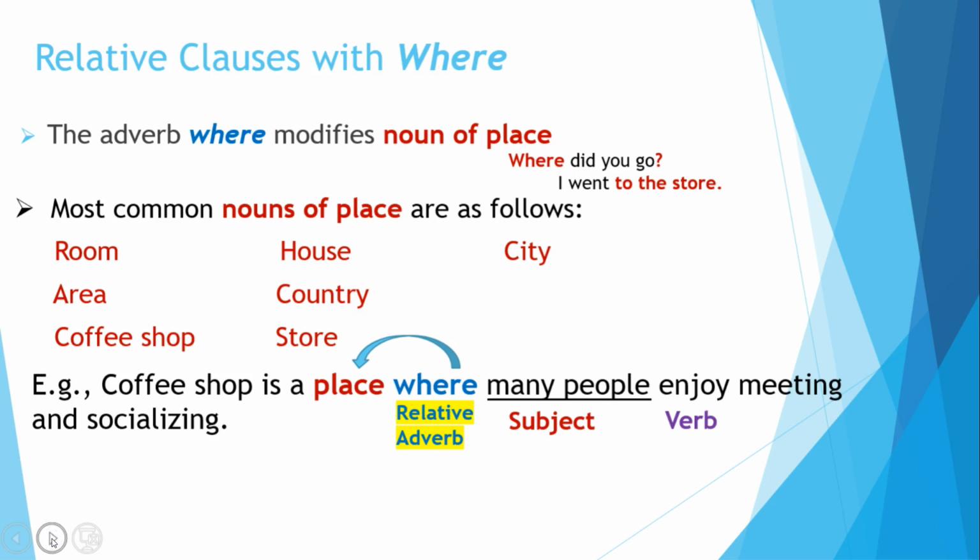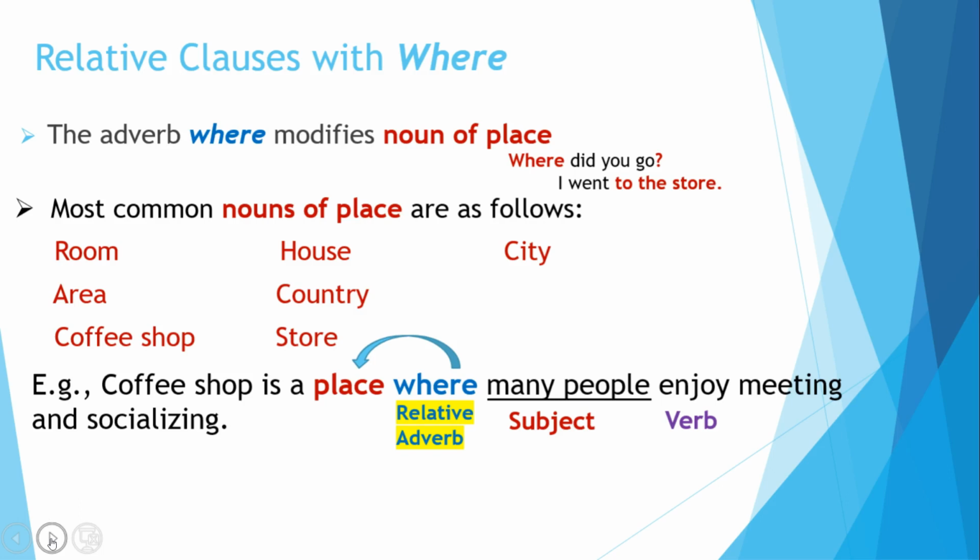You can see that where, just like any other relative pronoun, will follow the noun it modifies, in this case a place, and after that we get our clause. Again, the subject has to come first and the verb follows. Typical subject-verb order in English.